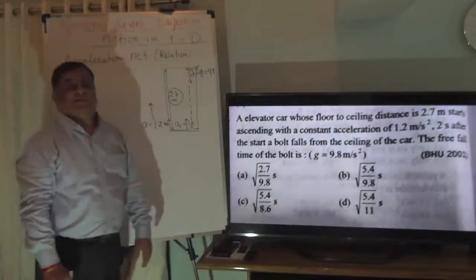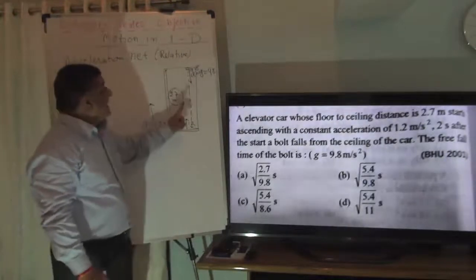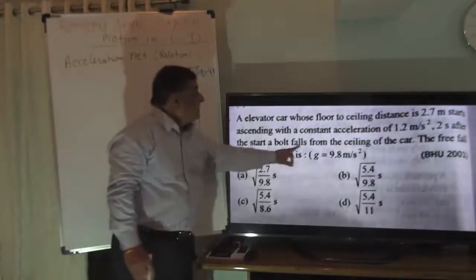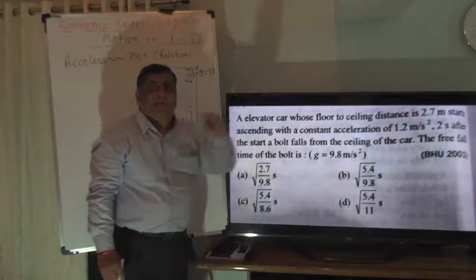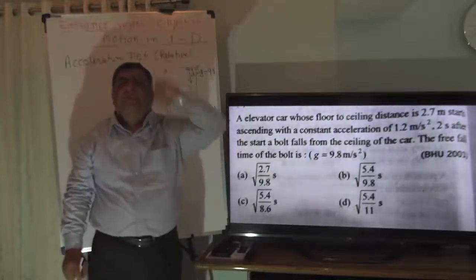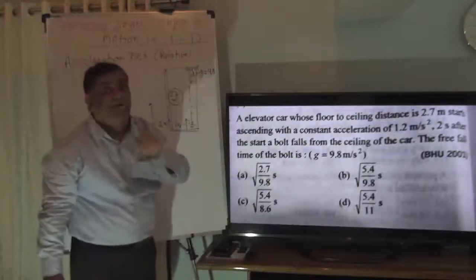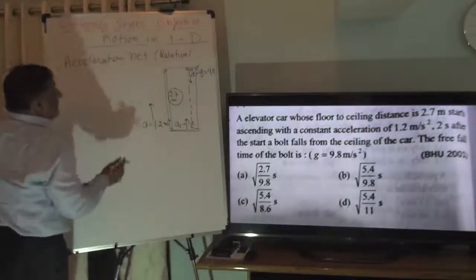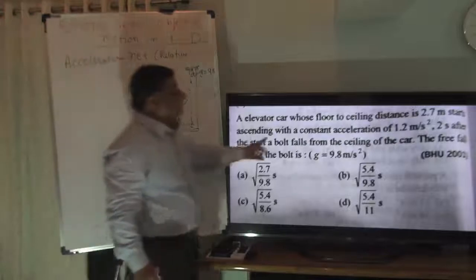In which direction? Earlier, when this bolt started falling, at that time it was already moving up with a certain velocity. That was its initial velocity. How do we find it? We can find it with the given data.